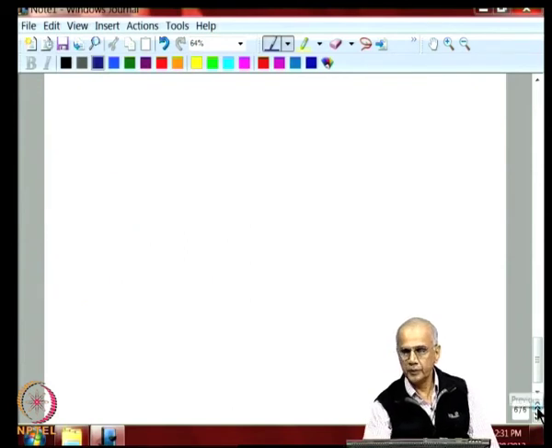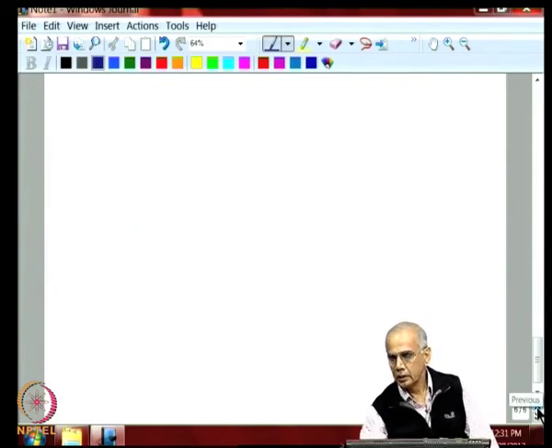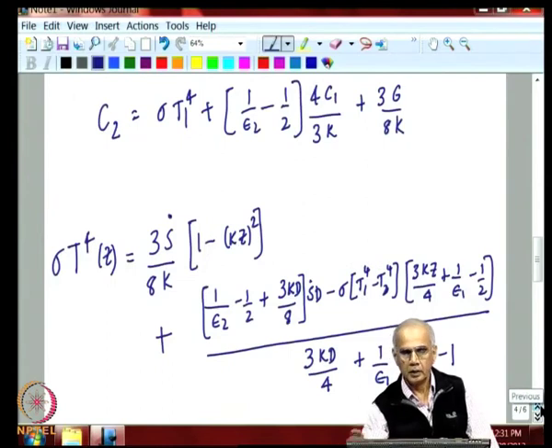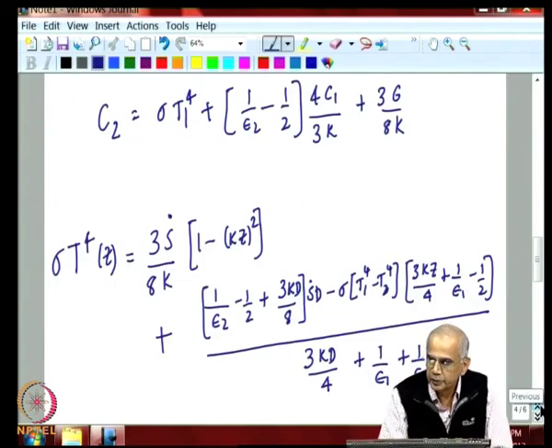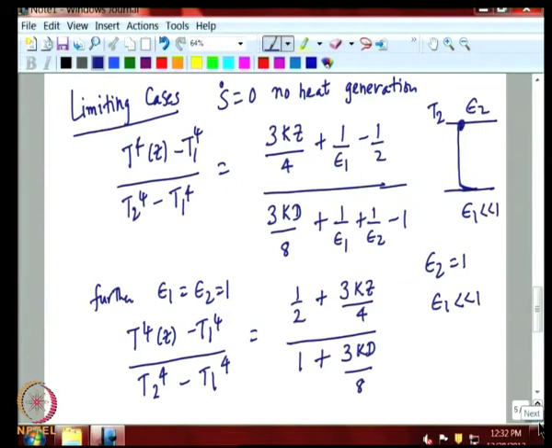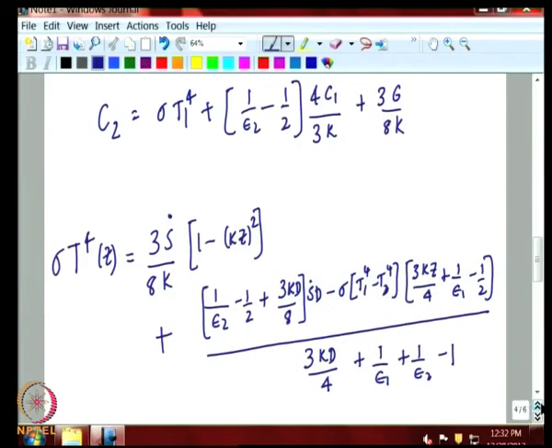Now, let us go back to the previous thing we derived. Now, having understood that case, let us look at the full problem here, which involves heat generation as well as emissivity.